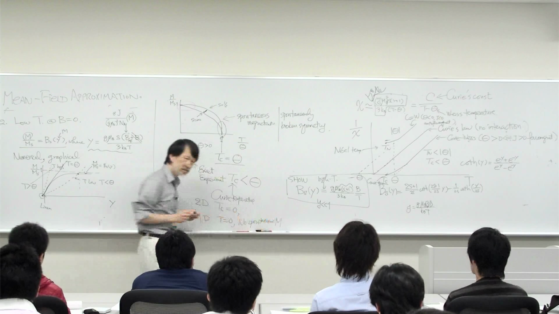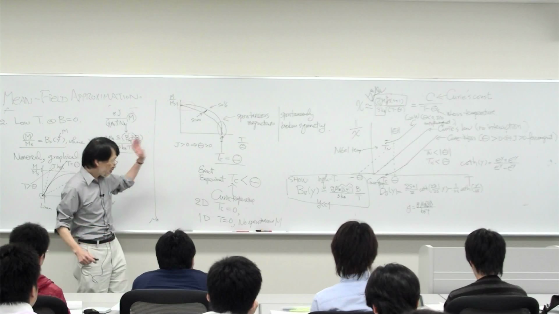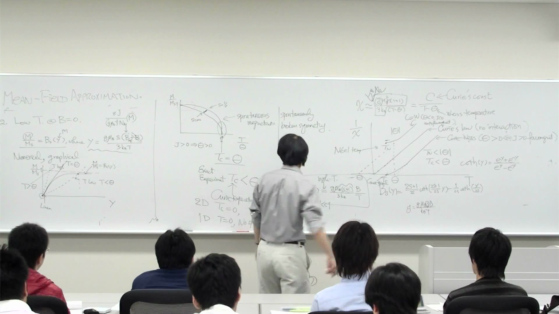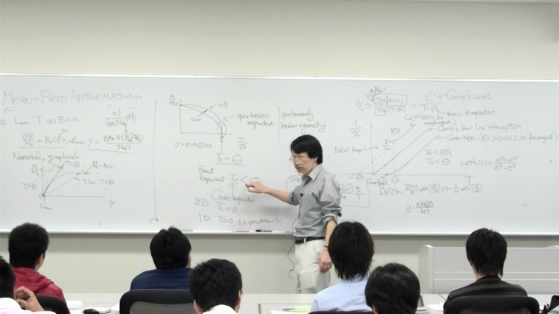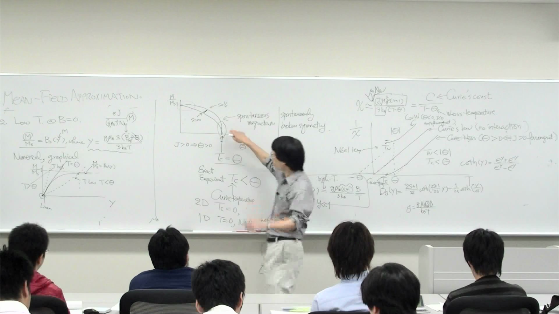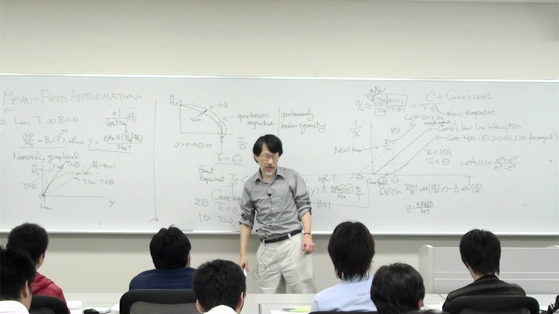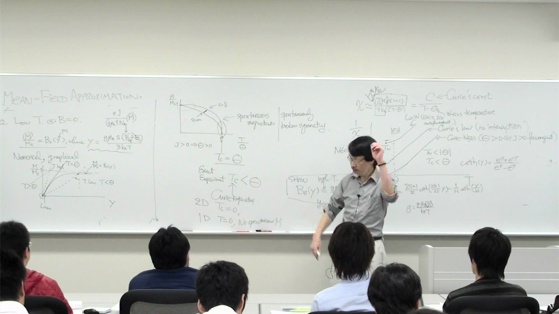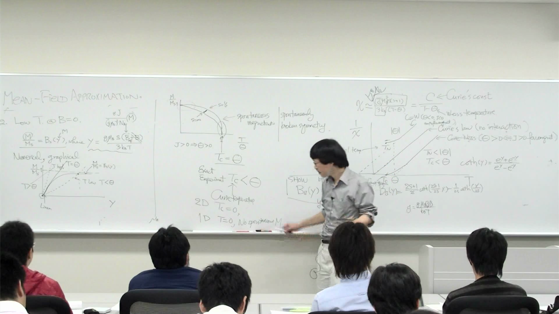Okay? So the mean field approximation is kind of okay in 3 dimensions, although these 2 temperatures turn out to be the same and the temperature dependencies are not exactly right. But in 2 dimensions and 1 dimension, mean field approximation is really bad.